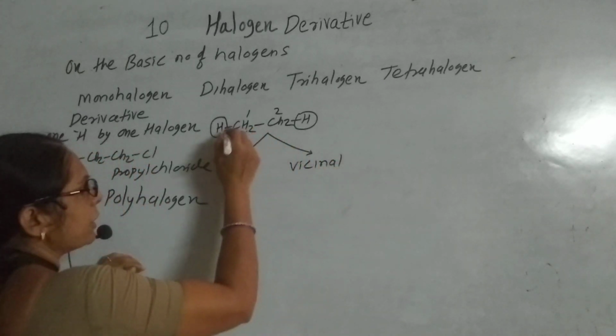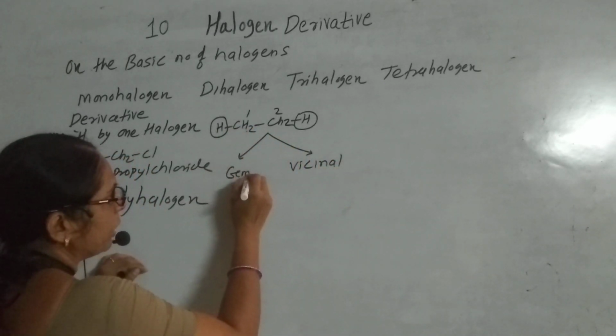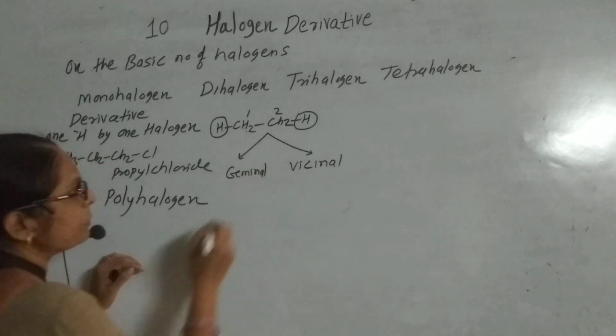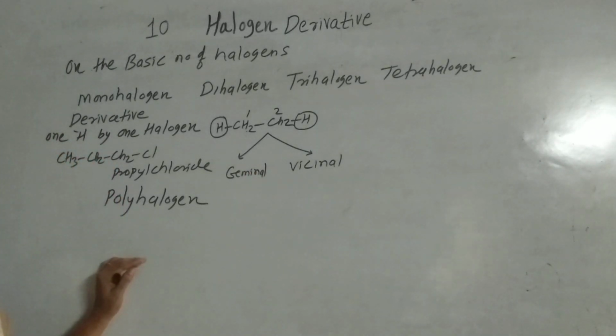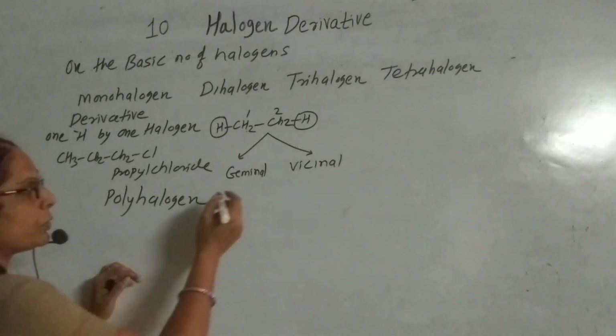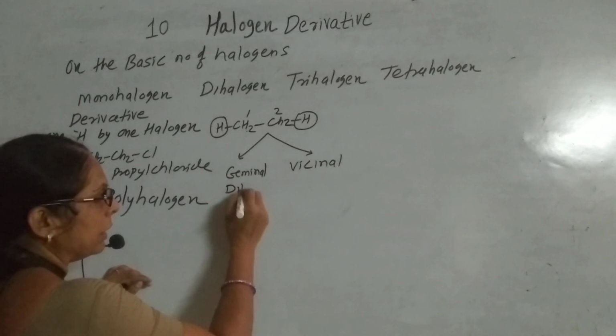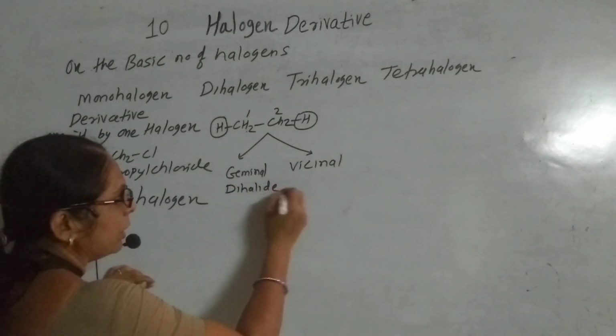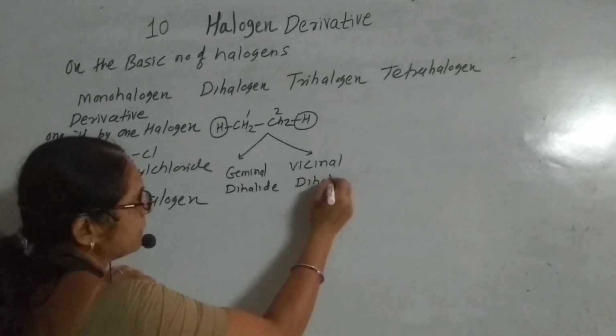If they are replaced on the same carbon, they are called geminal. So dihalogens means the compound which contains two halogens, obtained by replacing two hydrogens by two halogens. So they are geminal dihalides or vicinal dihalides.